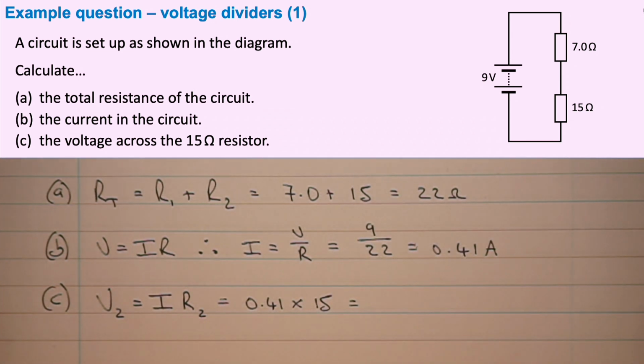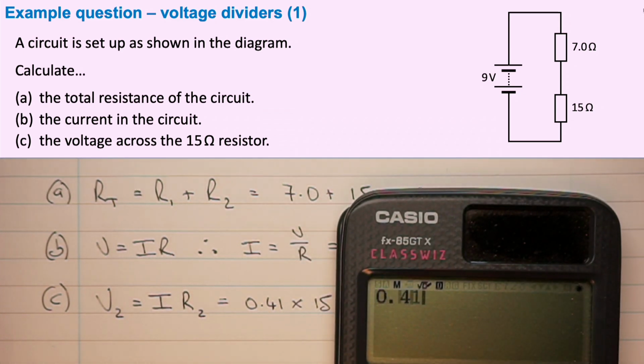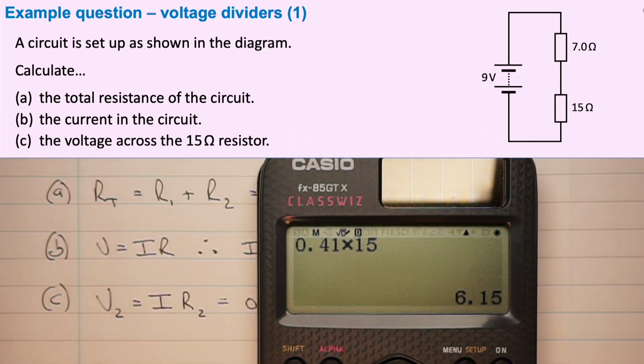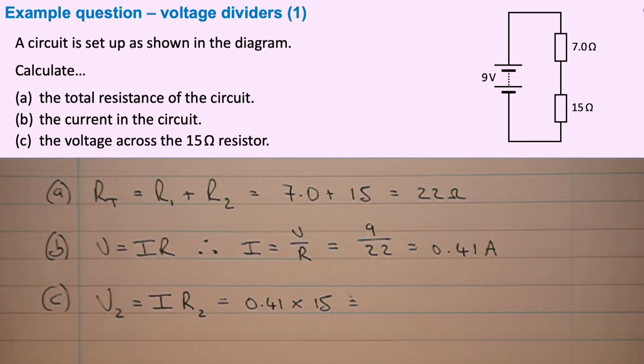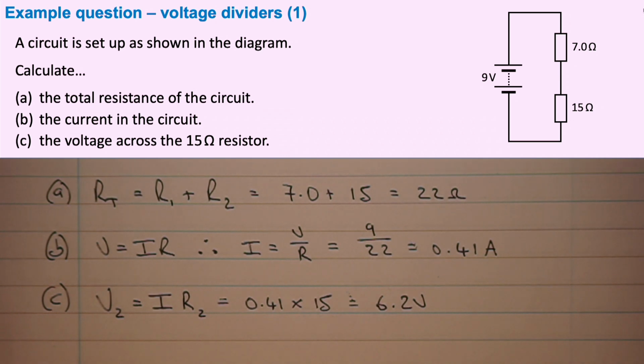I'm going to type 0.41 times 15. That gives me 6.15. Again, I'm going to write that final answer as 2 significant figures, which gives me 6.2 volts.